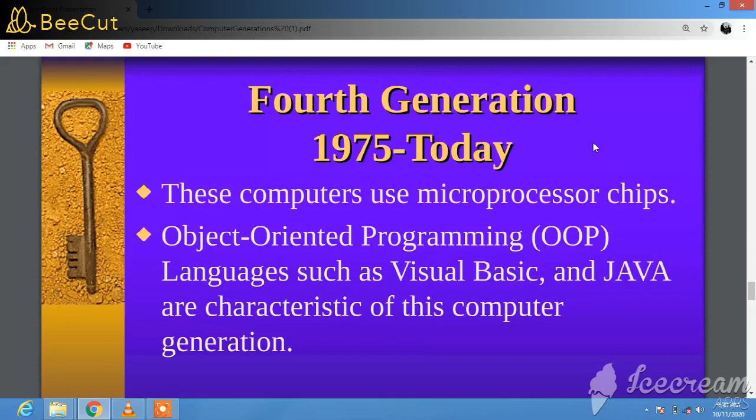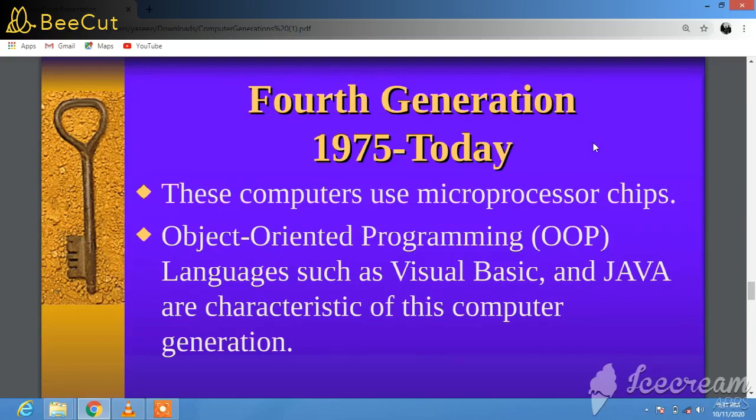The fourth generation computers became more powerful, compact, reliable and affordable. The personal computer was introduced in this generation. All the high-level languages like C, C++, etc. are used in this generation. The object-oriented programming languages such as Visual Basic and Java are the characteristic of this generation.